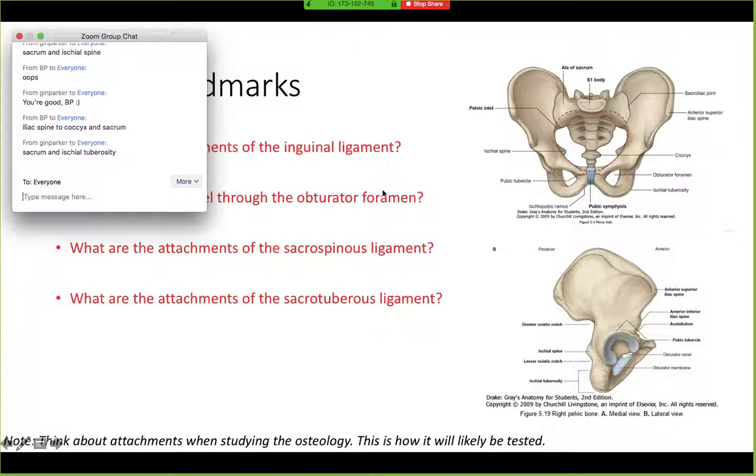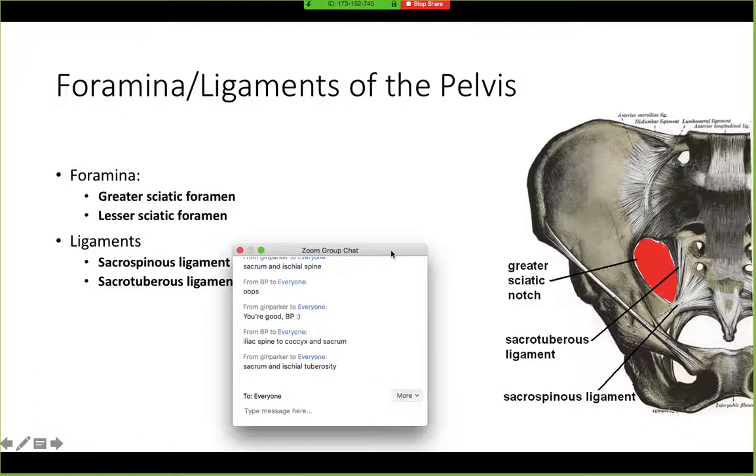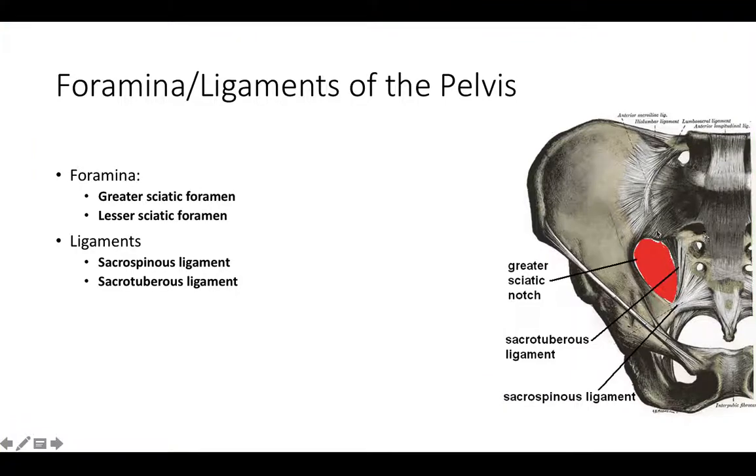All right, so 4 good important points to start getting you oriented to some of the landmarks on the os coxa. Again, the sacrospinous ligament and sacrotuberous ligament are both going to be very important for the pelvis.